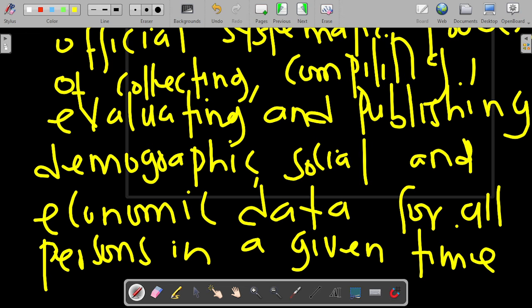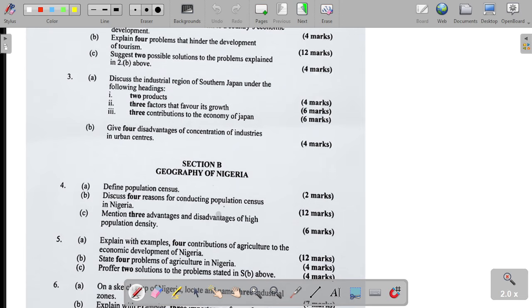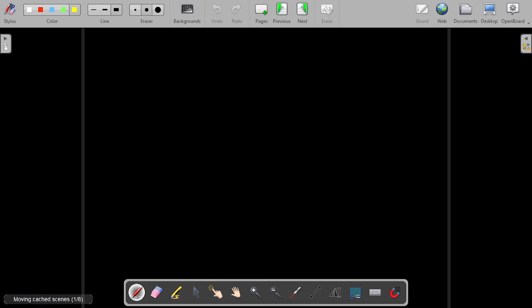So let's look at question 4B. Discuss 4 reasons for conducting population census in Nigeria. So there are a lot of reasons for doing so. Budgeting is one.